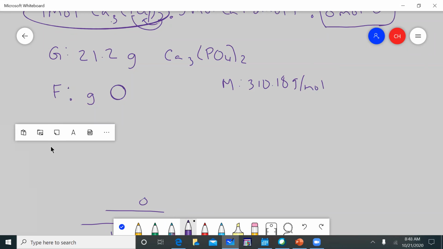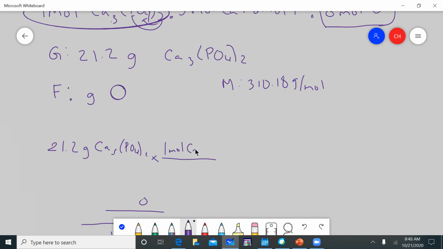So start with our given information. 21.2, and now we're doing grams of Ca3(PO4)2. First thing I need to do is get it into moles. So for every 1 mole of Ca3(PO4)2, this thing weighs 310.18 grams of Ca3(PO4)2. Okay. So here we've got molar mass of compound.